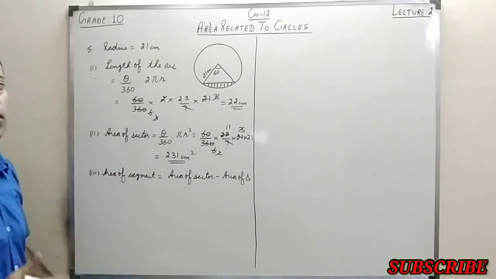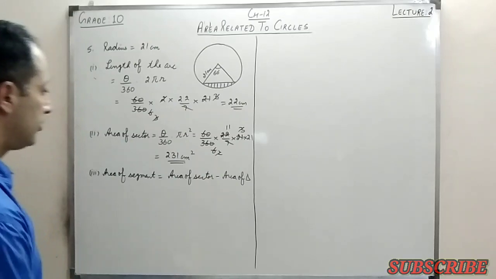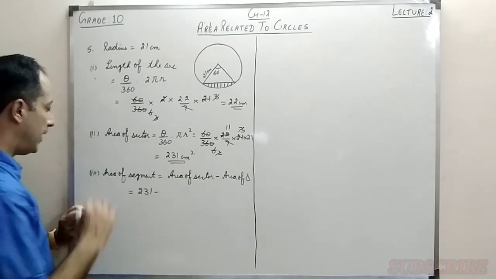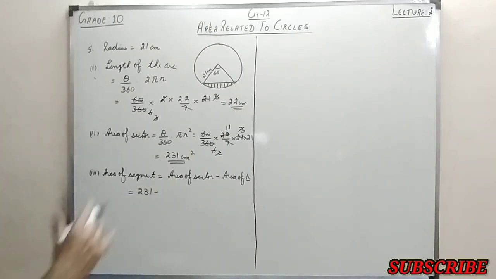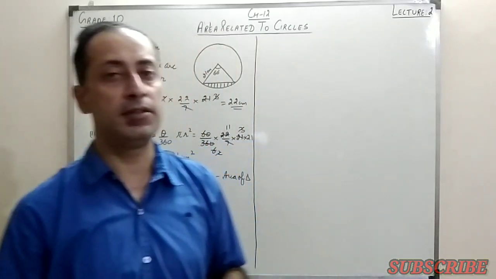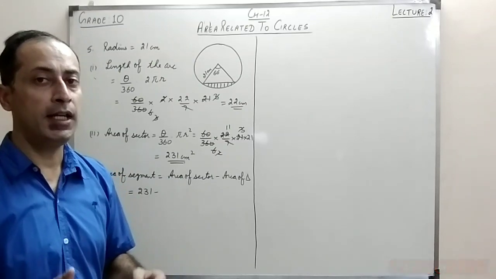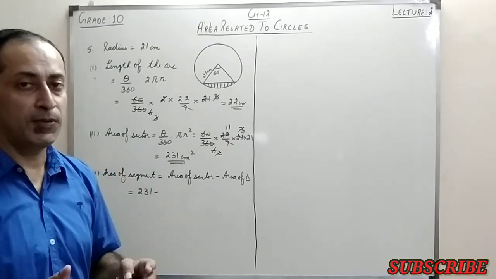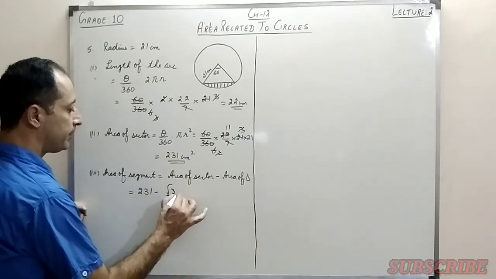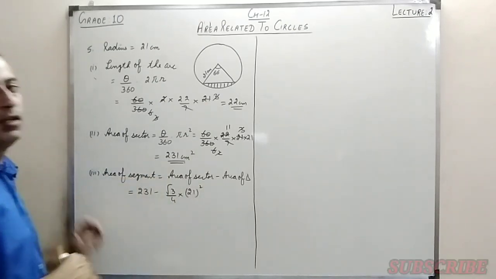You can also name the points OAB, something like that, it is your wish, right? So now area of sector we already calculated as 231 minus area of triangle. Now I told you when the central angle is 60 degree, the triangle formed is an equilateral triangle, and the formula to find the area of equilateral triangle is root 3 by 4 side square. So we just put the value root 3 by 4 into side square, that is 21 square, right?